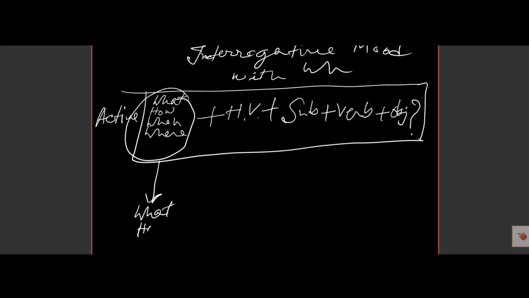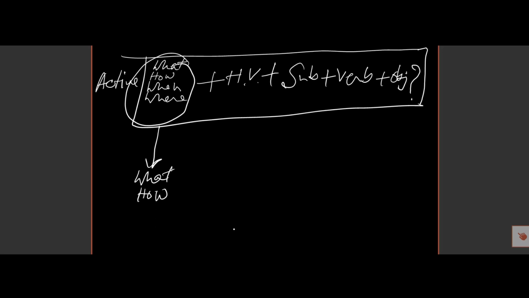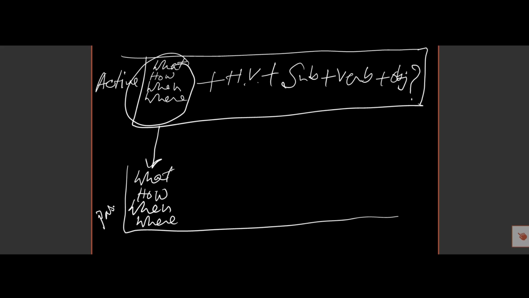If how, we must begin the passive voice with how. If when, we must begin with when. If where, we must begin with where. This is the structure of passive voice.